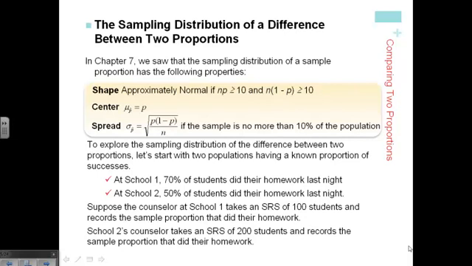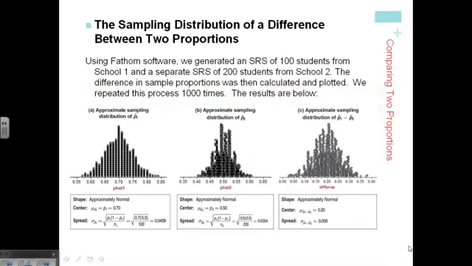Well, there's a piece of software called Fathom that allows us to actually see what would happen over many, many trials, many, many simulations. Here's school 1, and indeed the center of its p hat distribution is 70%. Here's school 2, and indeed its center is right around the 50% mark, right where we expect.